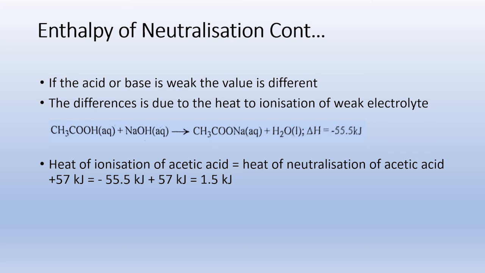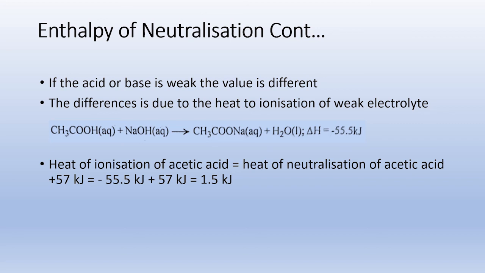So that means compared to strong acid strong base, some additional amount of energy has been utilized for some reaction. This additional energy is being used for the heat of ionization of weak electrolyte. We know in order for neutralization to occur, the acetic acid being a weak acid should be dissociated.